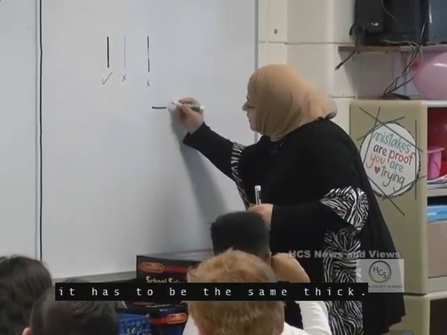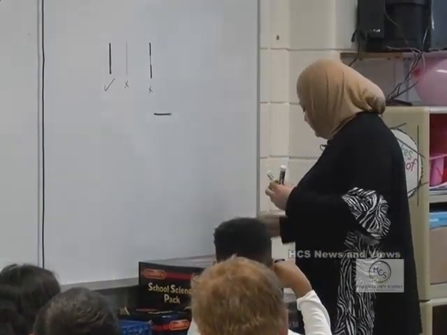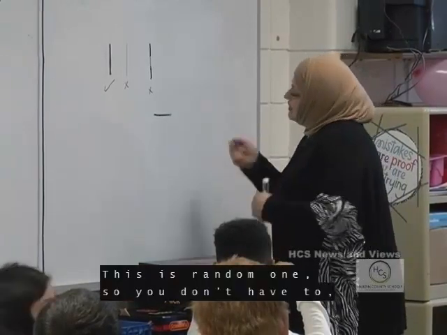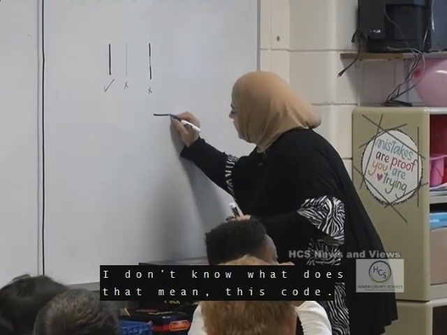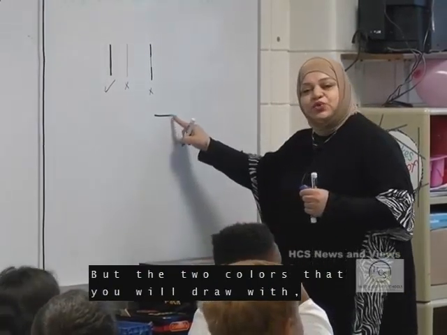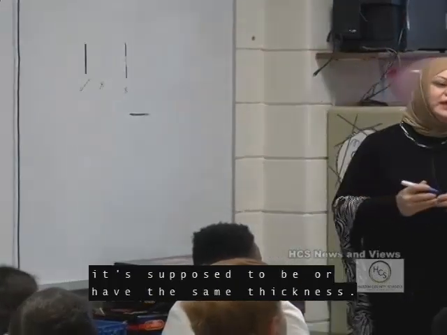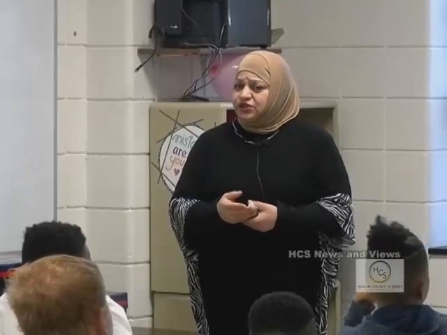Now, the same if I want to draw the code using the colors. It has to be the same thick. This is like a random one, so you don't have to know what this code means. But the two colors that you will draw are supposed to have the same thickness. Did you understand?